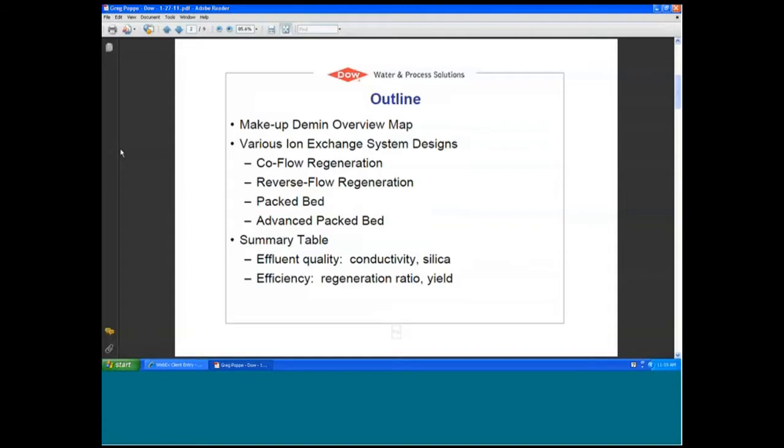I'll start out, similar to the other gentleman, with an overview map of the water treatment system, just focusing on the makeup demin area. And then we'll progressively go through these various system designs for ion exchange plants and show how each of the steps leads to more and more cost savings in the regeneration chemicals as well as water usage.